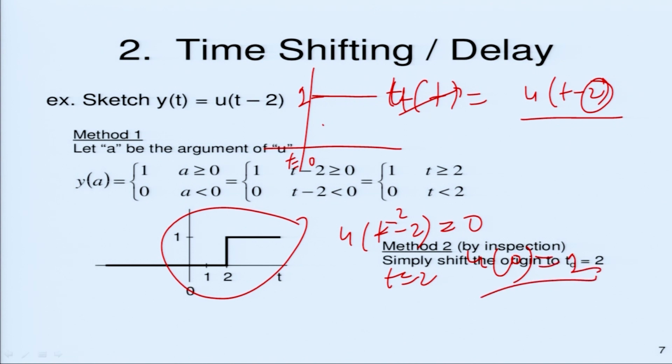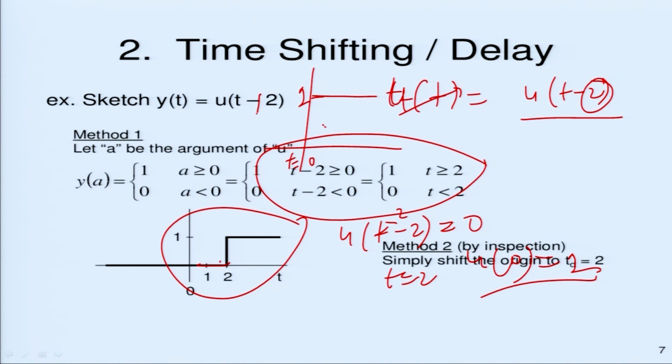That means the signal value should not change, it should have the same value. So whenever we delay in time, this is the mathematical representation, and this is the representation in graphical form. Whenever you delay in time, we move the signal towards the right.